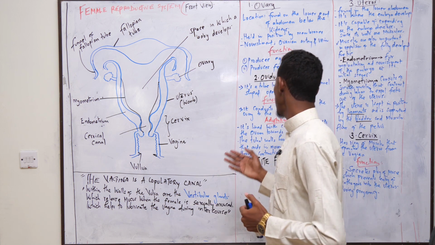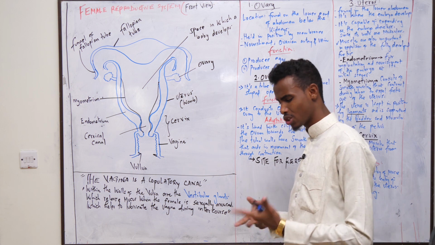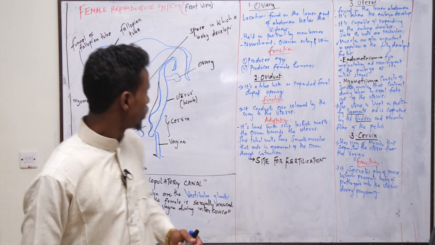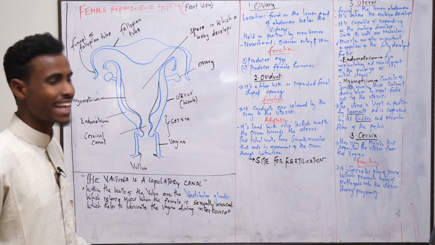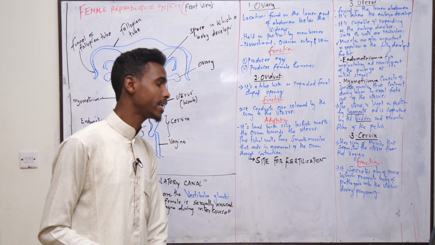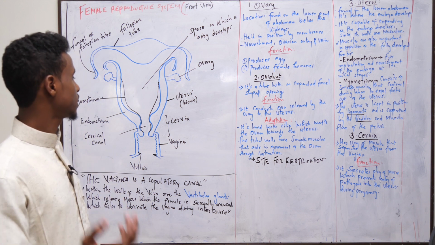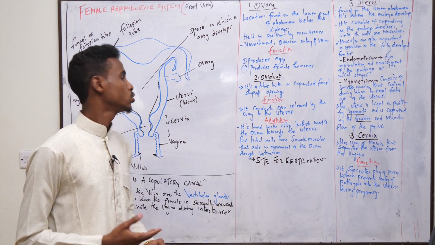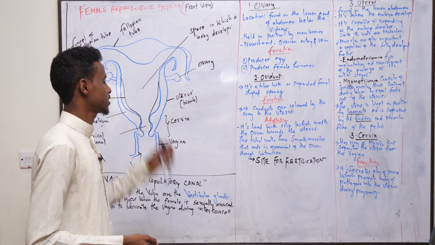Now, briefly, what are some of the adaptations of the oviduct? The oviduct is lined with cilia, which waft the egg, or rather the ovum, towards the uterus.